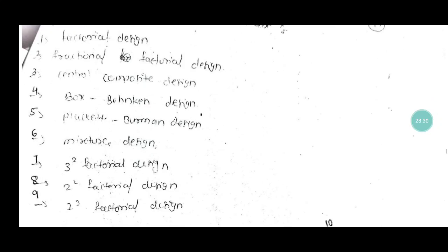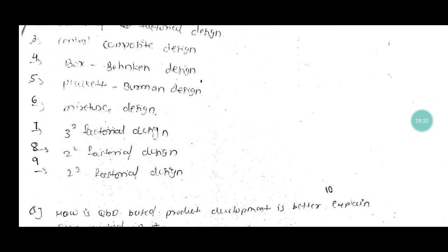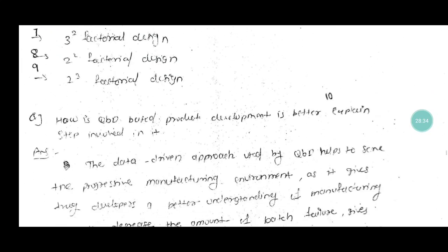The experimental designs used in QBD are factorial design, fractional factorial design, central composite design, Box-Behnken design, Plackett-Burman design, mixture design, 3^2 factorial, 2^2 factorial and 2^3 factorial design.